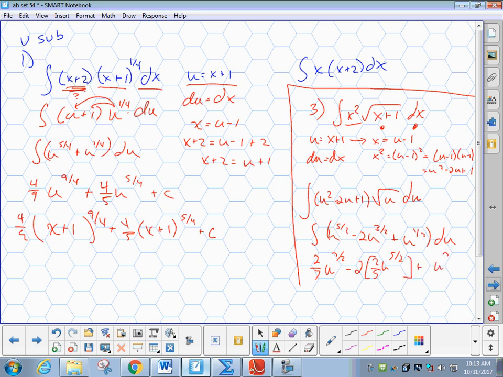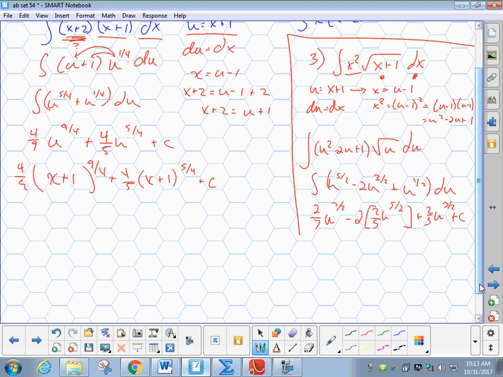And u to the 3 halves, and a 2/3 out front, and a plus c at the end, and then u sub back. So then at the end you should have a really long expression with sums to powers.